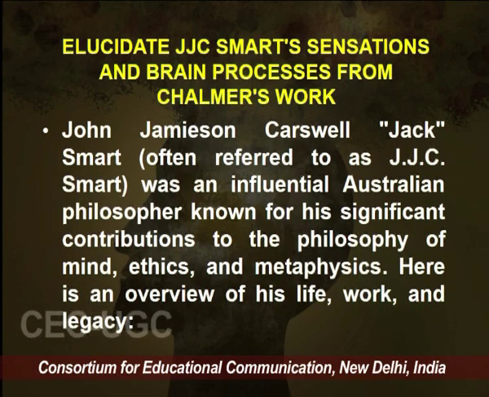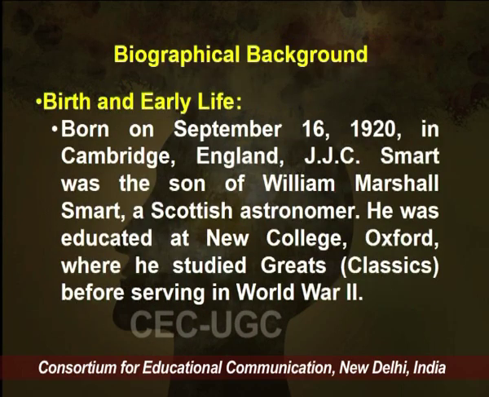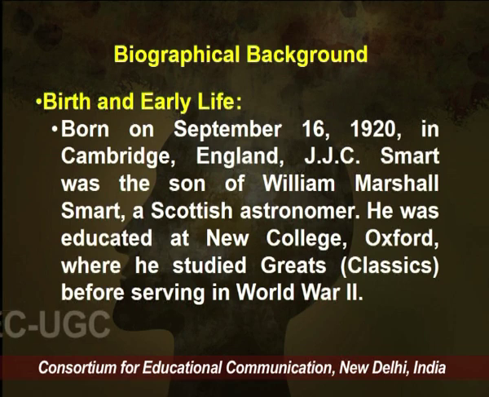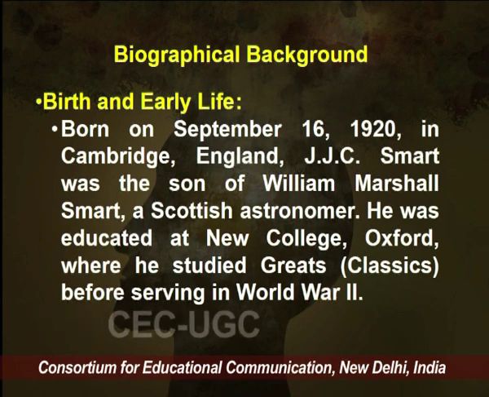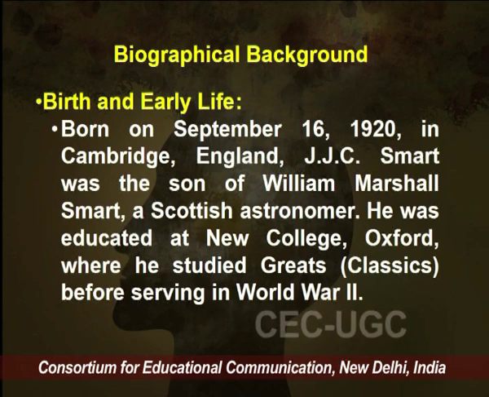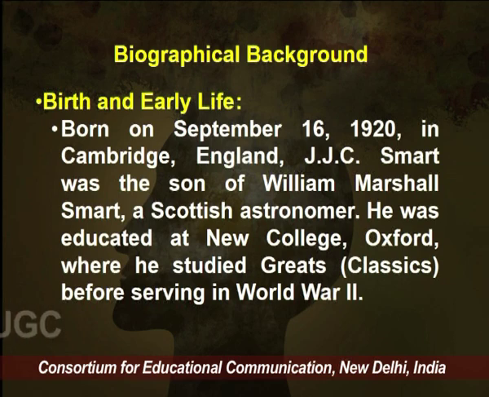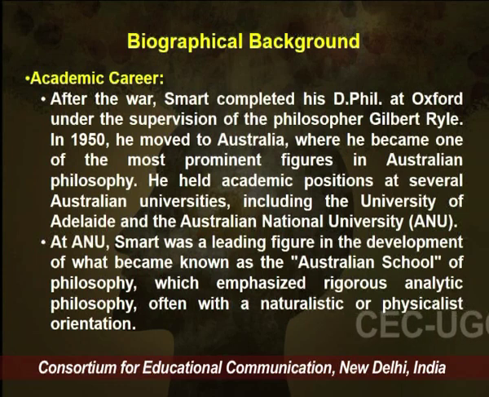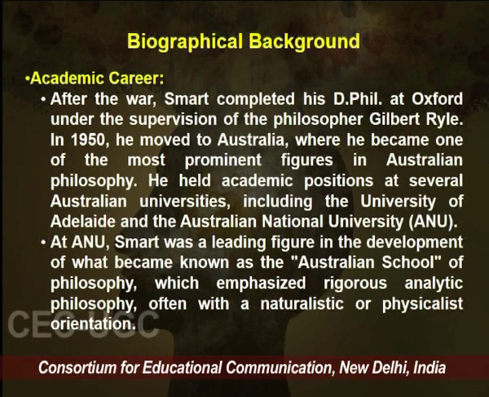J.J.C. Smart was born on September 16, 1920 in Cambridge, England. Smart was the son of William Marshall Smart, a Scottish astronomer. He was educated at New College, Oxford, where he studied Greats, the classics, before serving in World War II. After the war, Smart completed his D.Phil at Oxford under the supervision of the philosopher Gilbert Ryle.